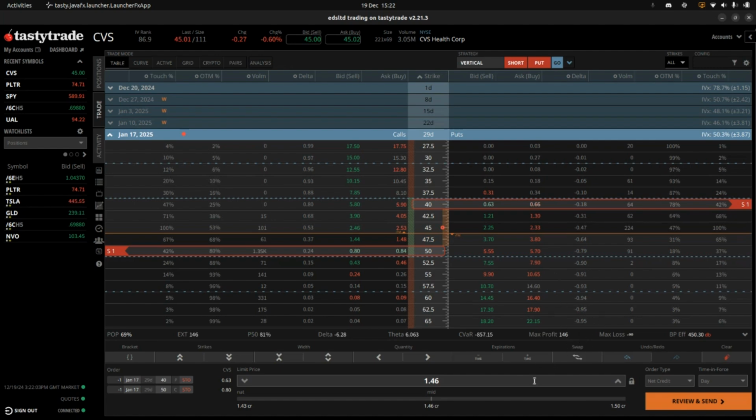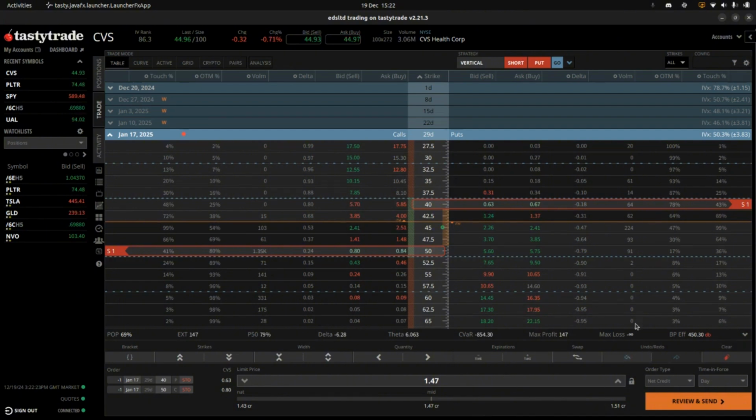So we'd collect $146 up front, and the broker is going to require a little over $450 in buying power to open this position. So as you can probably work out, this is a very high return on capital, especially for a naked position with such high probabilities of success.